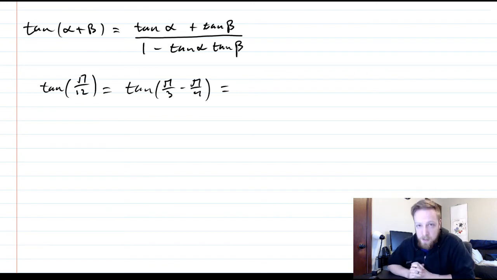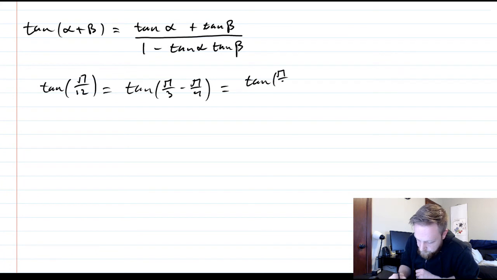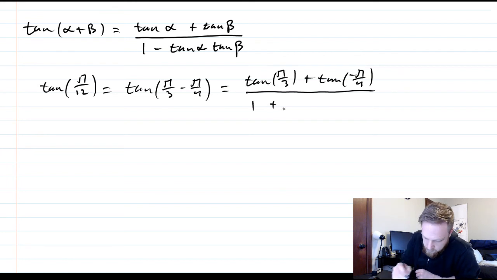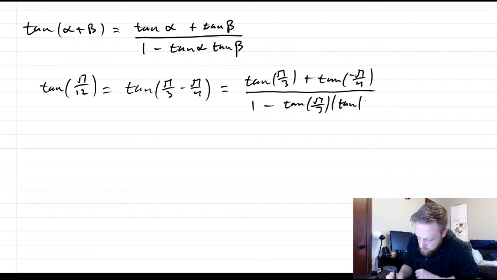The hard part is not plugging in the first two numbers. The hard part is simplifying. So first of all, plugged in, I'm writing out all my work here. Oops, I'm sorry, that should be a minus. Tangent of pi over 3 and tangent of negative pi over 4.